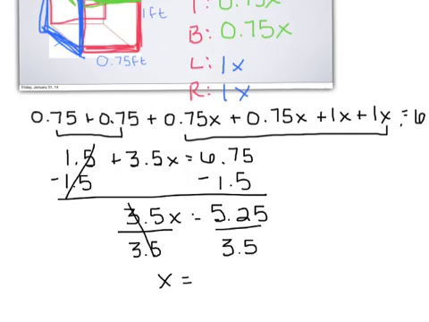That's 1.5, so that's 1.5 feet. If I wanted to turn that back into inches, what would I do with it? I would multiply it by 12. So 1.5 times 12 would give you 18, because that's 1.5 feet.